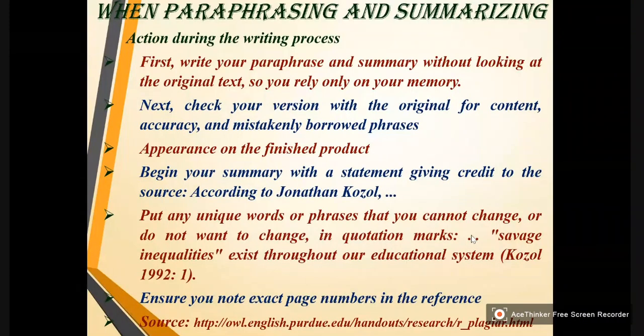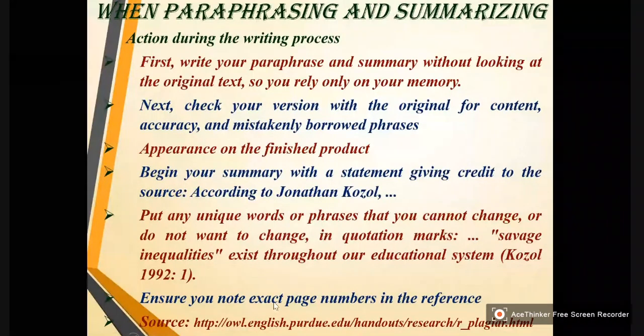Begin your summary with a statement giving credit to the source, according to someone. Now, you paraphrase it. Put any unique words or phrases that you cannot change or do not want to change in quotation marks. So, use quotations. Ensure you note exact page numbers in the reference.